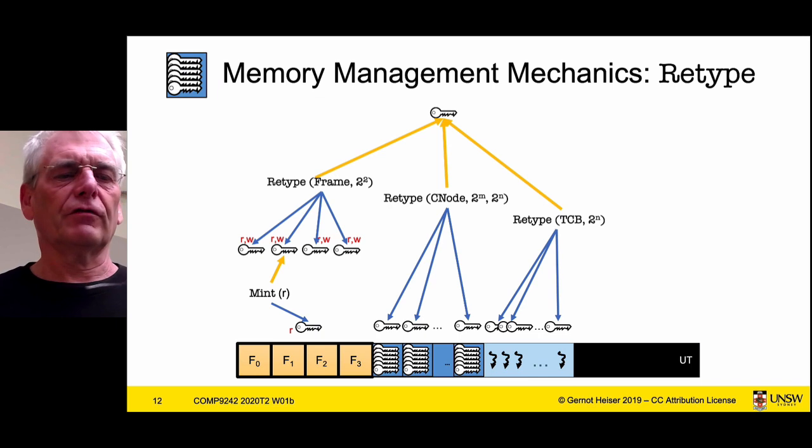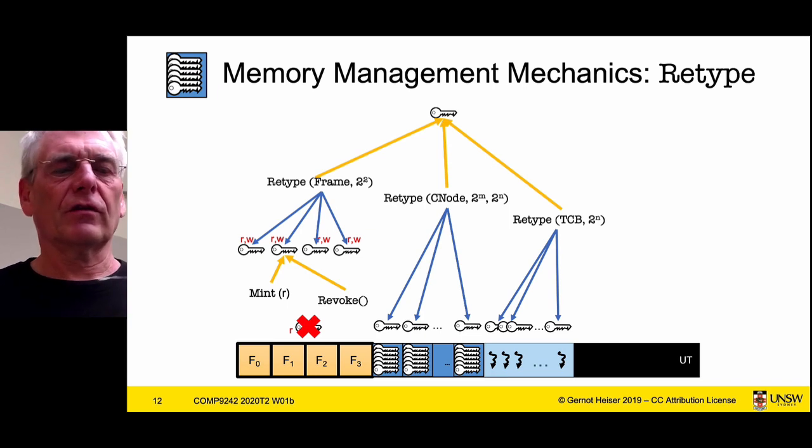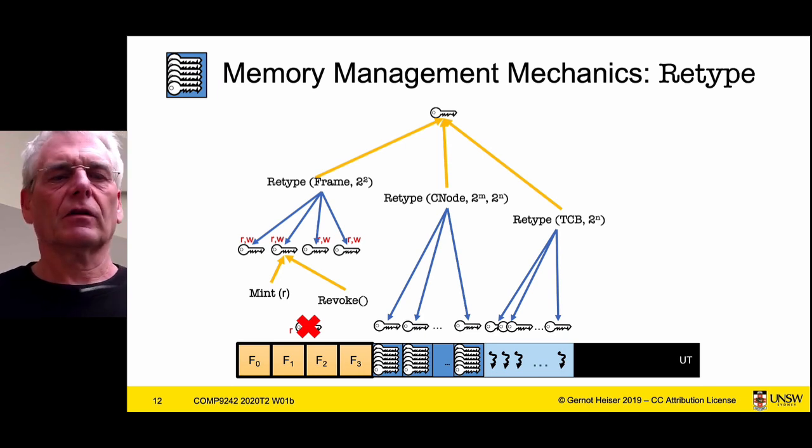For example, one of these read-write capabilities, we can mint a read-only one of that one and hand that out for giving read-only access to a shared buffer, for example. And then that, of course, can be revoked. If you revoke this derived capability, then whoever has it loses complete access to the memory it represents. So that's the basic idea.